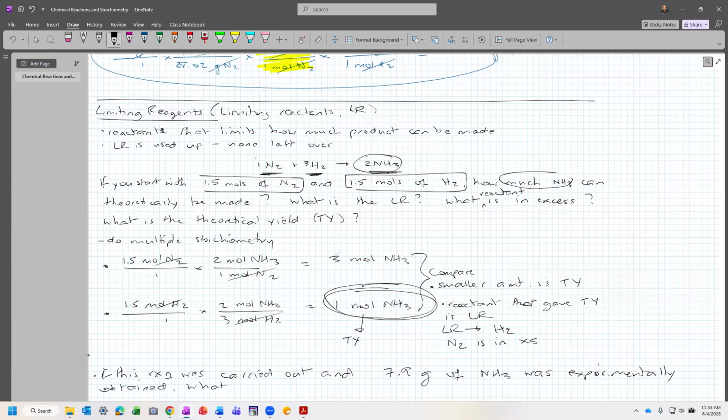What is then the percent yield? Percent yield for this reaction.